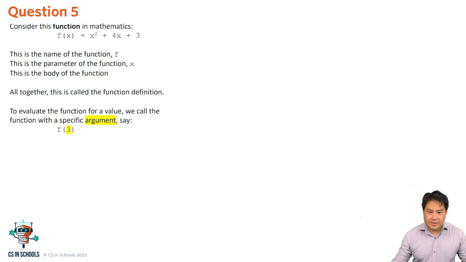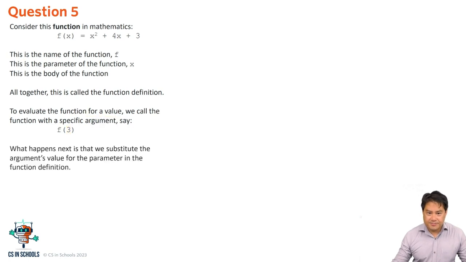The 3 in that case is the argument. What happens next is that we take the value of the argument and substitute it into the parameter we see in the function definition. So we take the 3, substitute it in for x, and that means anytime we see x, we use 3.